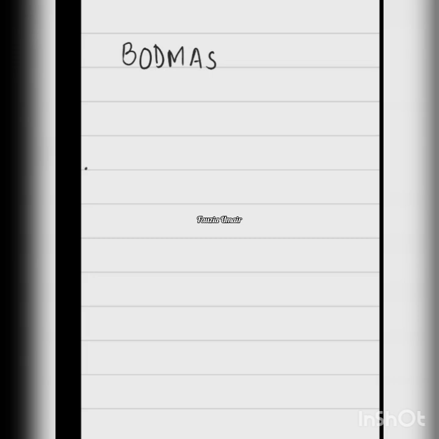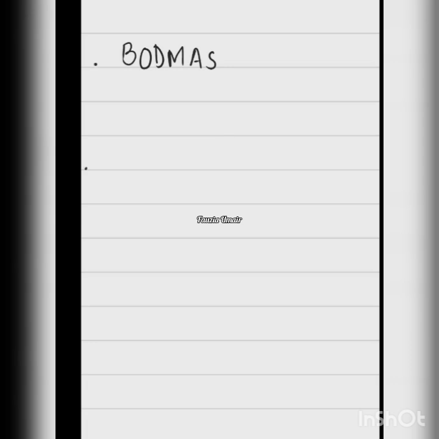We can, but it will give a wrong answer. It tells us the sequence of operations, first the brackets, like which operation to solve first in an equation. That's right. So BODMAS is basically to know the order of operations. That's correct. So what are the different rules?